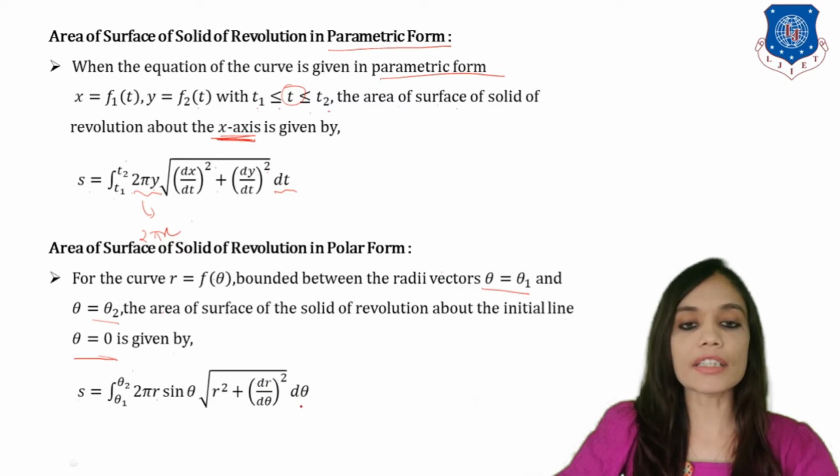So this is the formula to find the area of the surface of solid of revolution in the polar form.